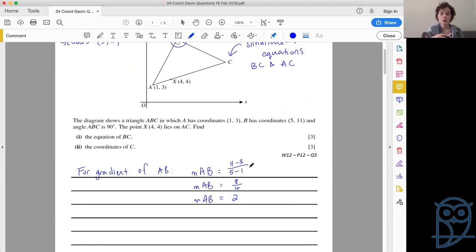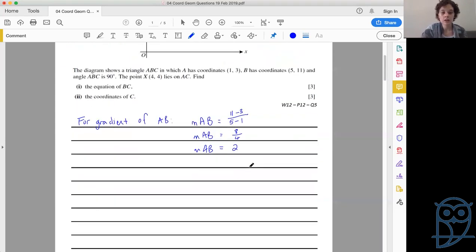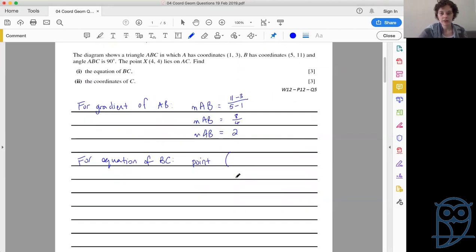Right, so now we're actually ready. We have that all-important information about our gradient, and we have our point. So we can now go for the equation of BC. We have a point, I think it was (5, 11), yes.